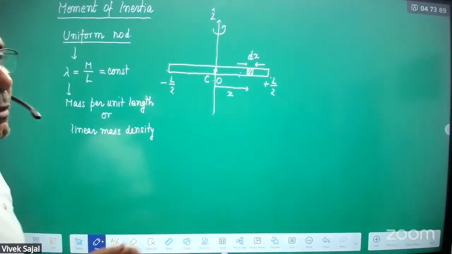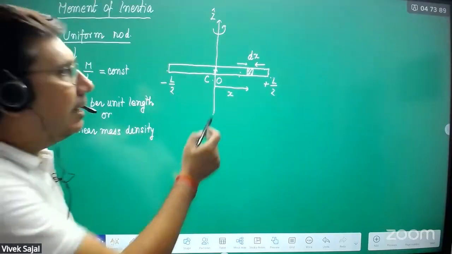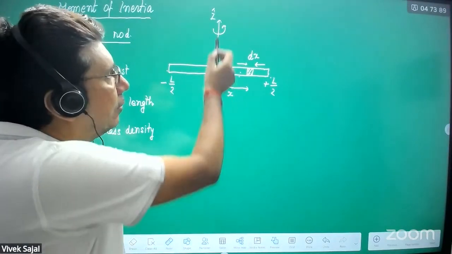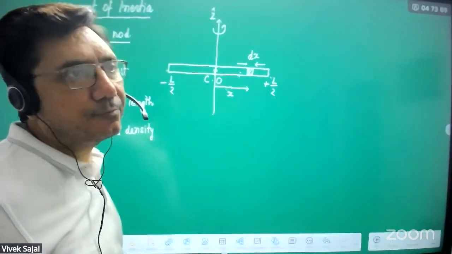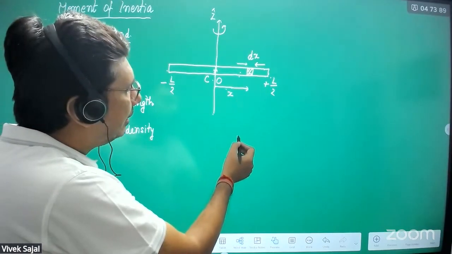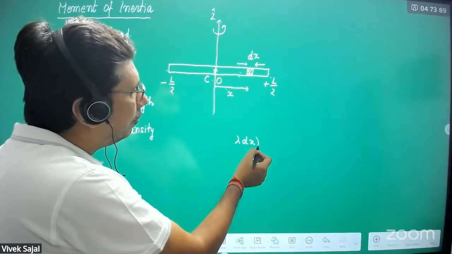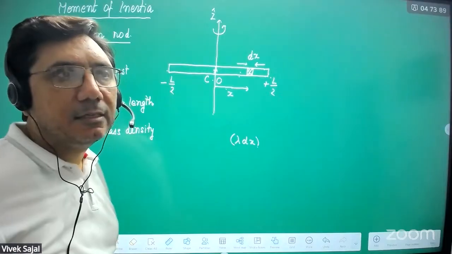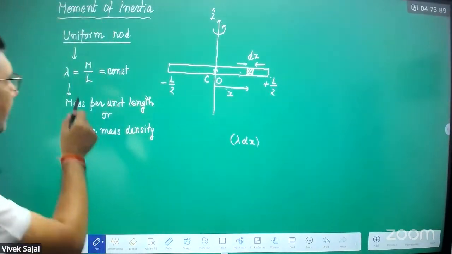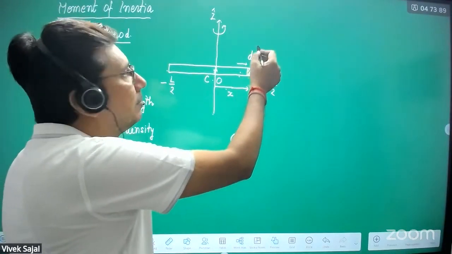So we have considered an infinitesimal length element dx at a distance x from the axis of rotation. What will be the moment of inertia of this element? First, this will be lambda into dx, the mass of this length element.